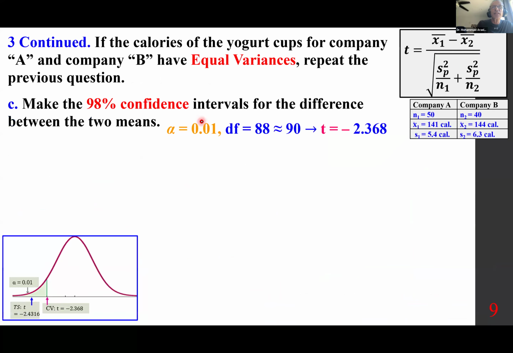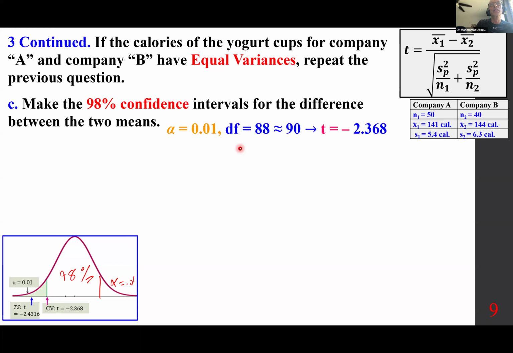We continue going to make a 98% confidence interval for the difference between the two means. As I mentioned before, a 98% confidence interval for a one-tail test, doesn't matter left or right. Think about it. Put another alpha here. So this corresponds to 98%, which means you use the same t value that you had in the previous page that you came up with the critical value.